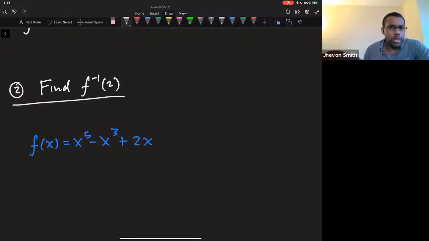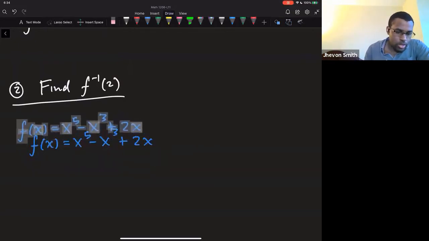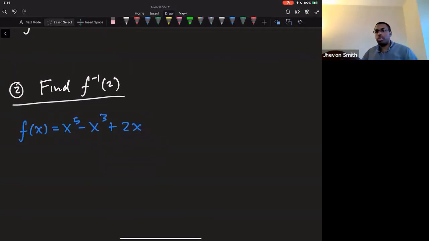Anyone know how you would go about finding f inverse of 2? Like if you had to find f inverse of 2, what does that mean? How would you do it? Anyone? Bueller?